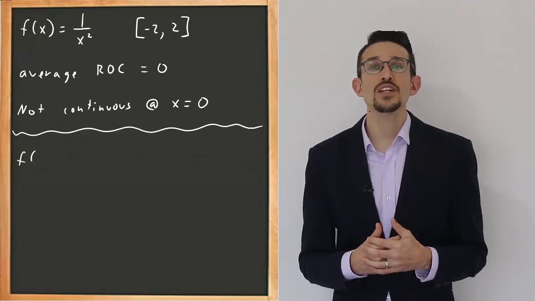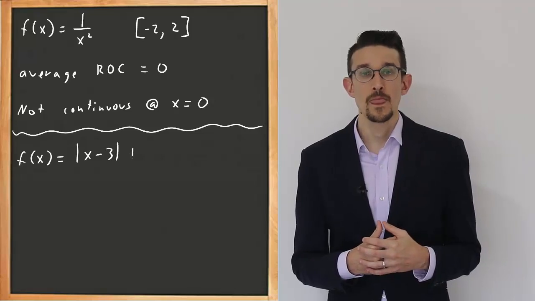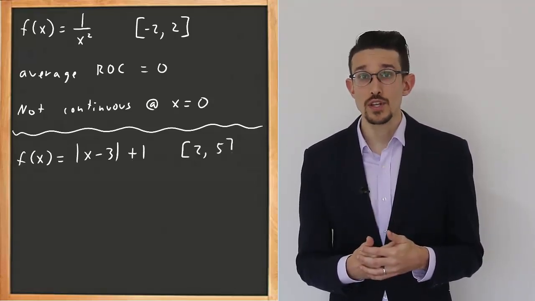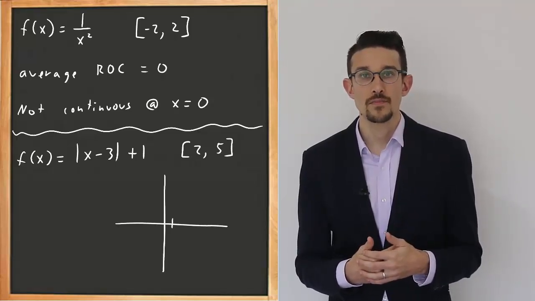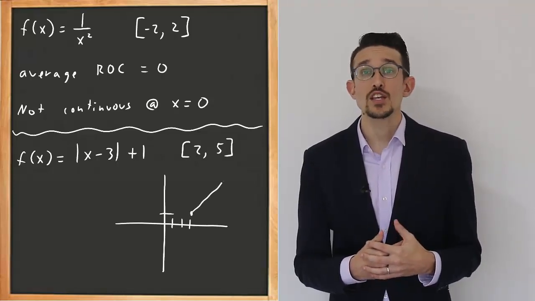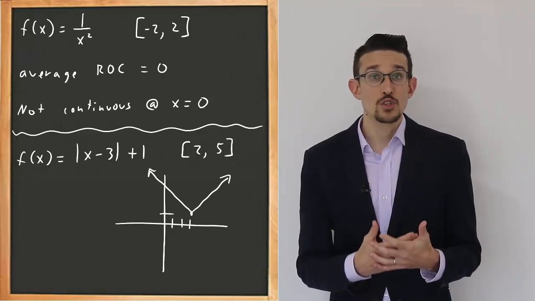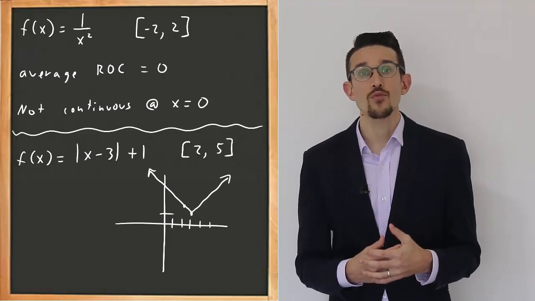Now, let's take a look at an example which fails on account of not being differentiable on the interval. Take f(x) = |x - 3| + 1 on the interval from 2 to 5. Now we can see here that the average rate of change is 1/3. But it's obvious that an absolute value function has either an instantaneous slope of 1 or -1.